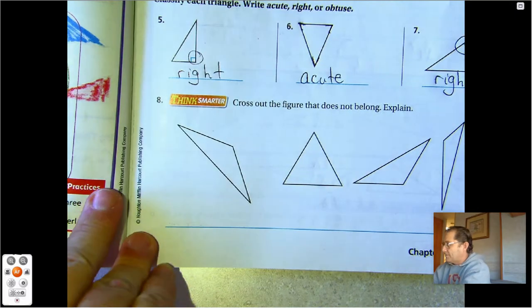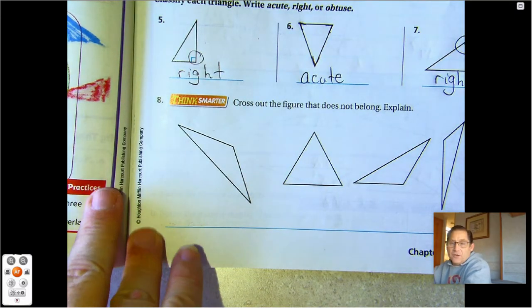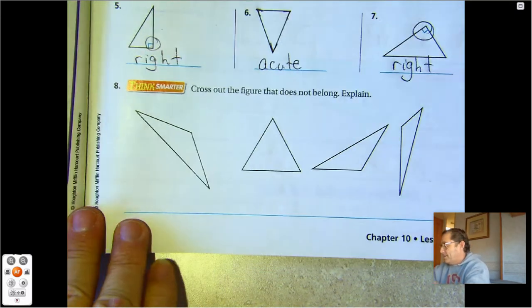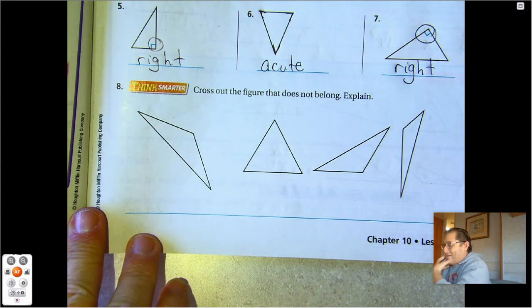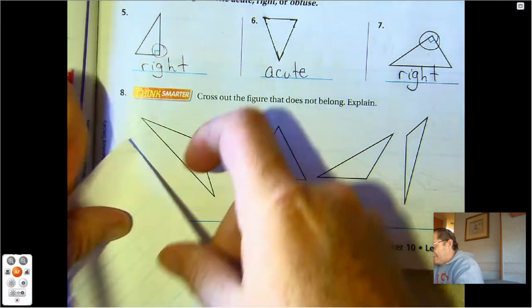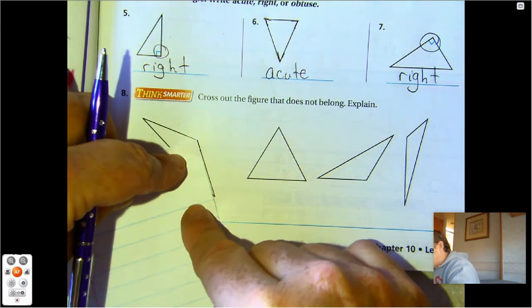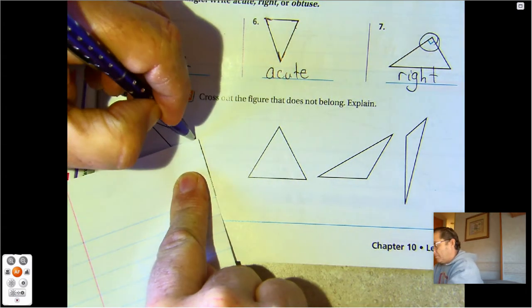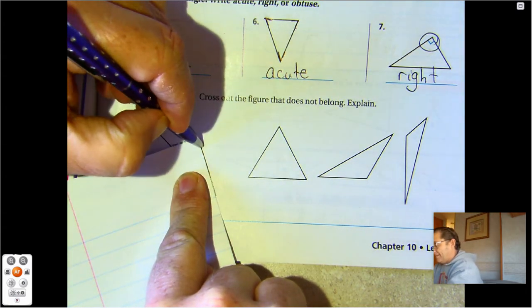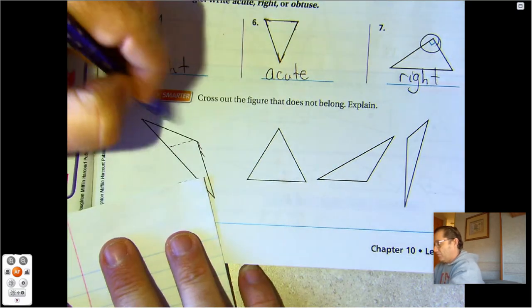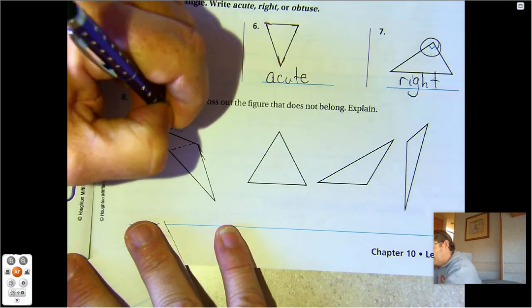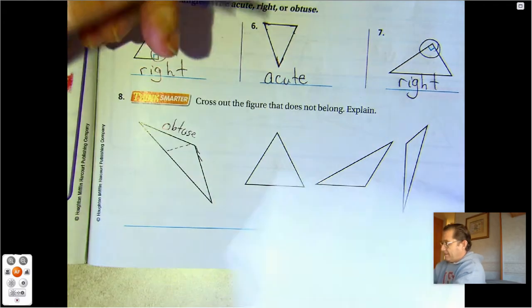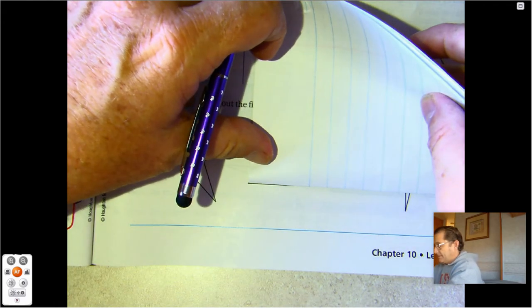Number 8, cross out the figure that does not belong and explain. All right. Well, I believe this one is an obtuse triangle. Okay. So right angle would be like that. And so this is open wider. So this is obtuse. This one, that's an angle.